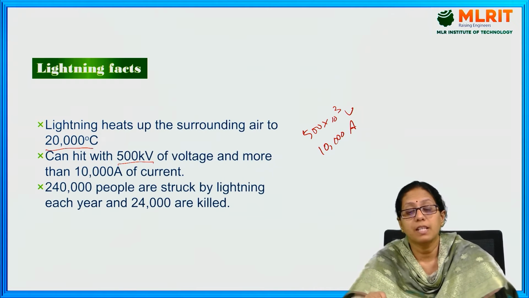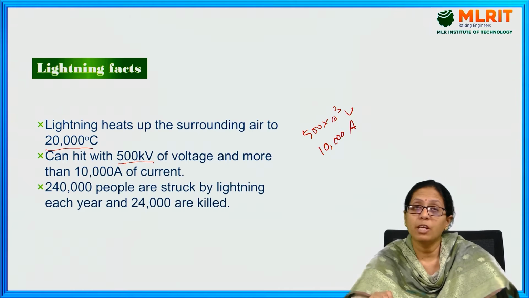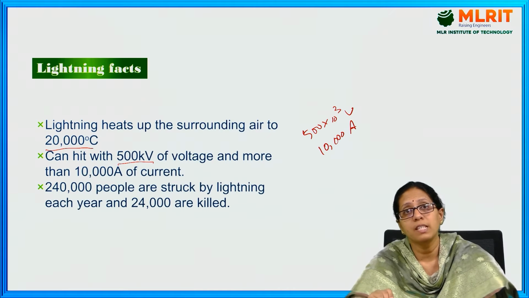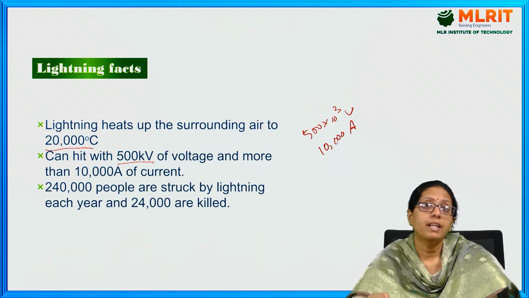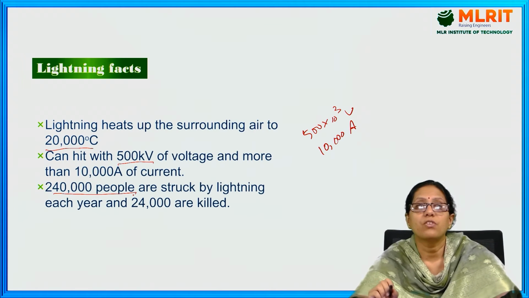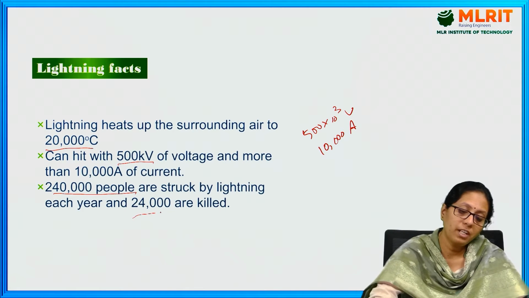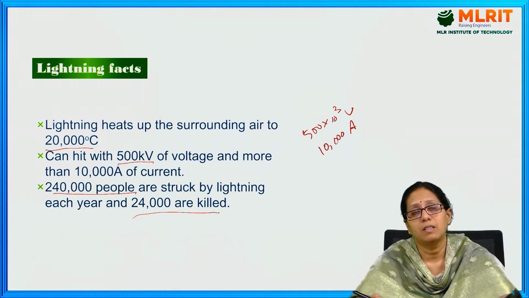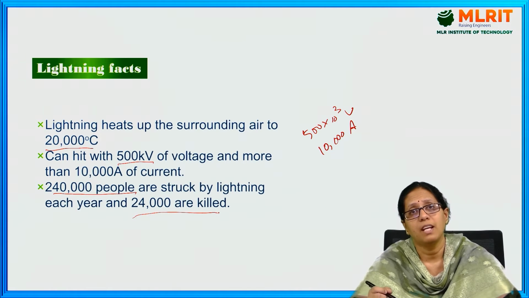The current is around 10,000 amperes and the voltage is around 500 kilovolts with a temperature of 20,000 degrees centigrade. And many people are struck by lightning each year, and almost 24,000 are killed because of this lightning effect.